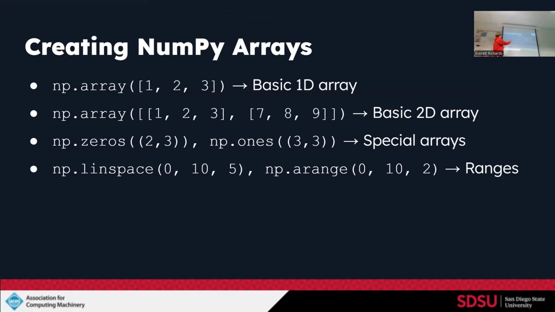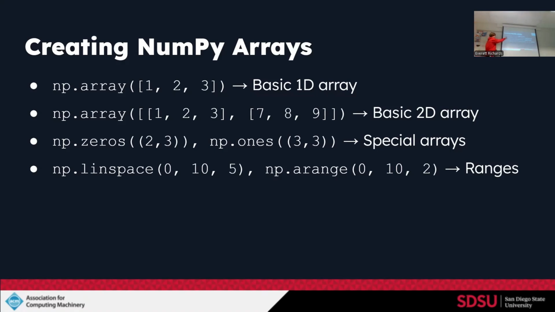If you think of 1, 2, 3 as the first row of your matrix, then 7, 8, 9 is the second row. So really what this would look like is 1, 2, 3, 7, 8, 9 as a matrix. For those of you who've taken algebra, pretty straightforward.